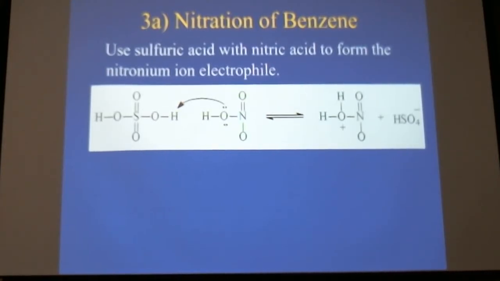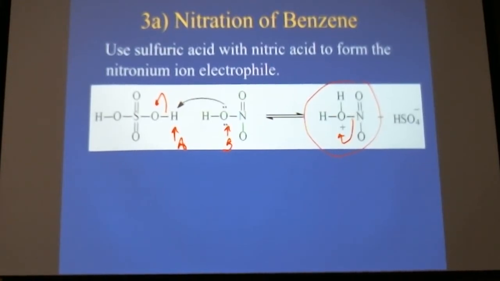Which is which? This is my acid. This is my base. You don't typically think of nitric acid as a base, but in this case it is acting as a base, picking up a hydrogen from sulfuric acid and generating this very unstable molecule.